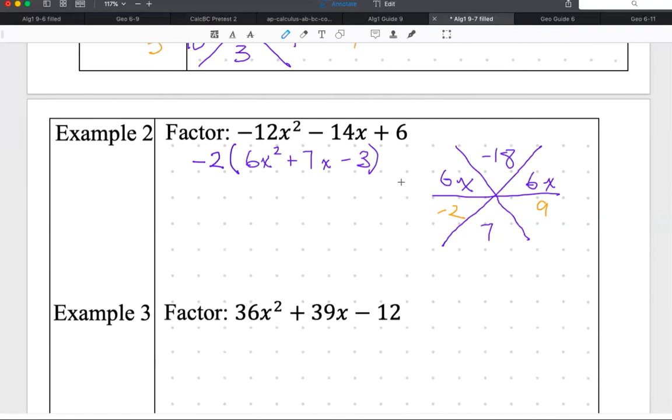So if you divide 6x by 6x and 9, divide those both by 3, you'll get 2x over 3.